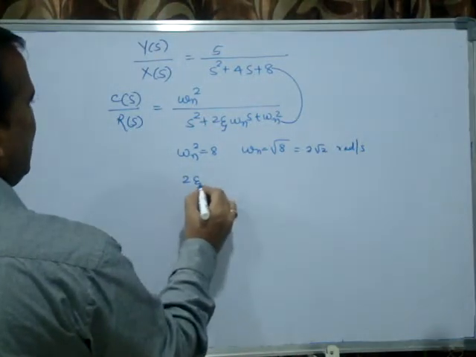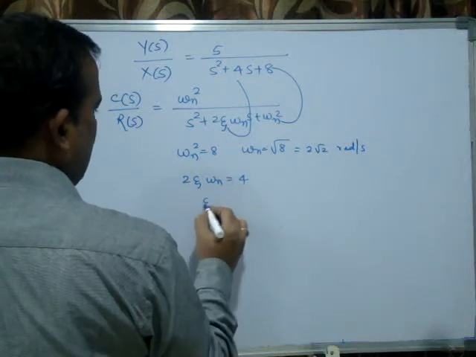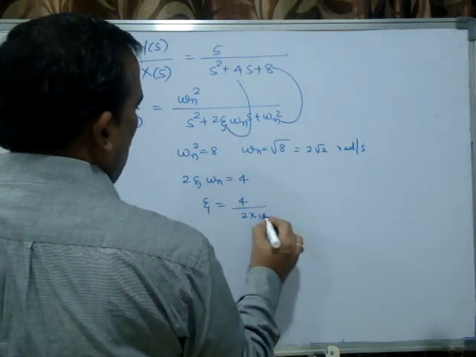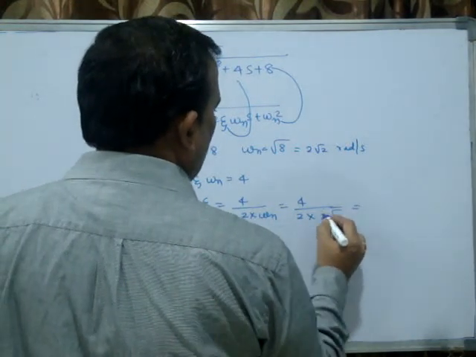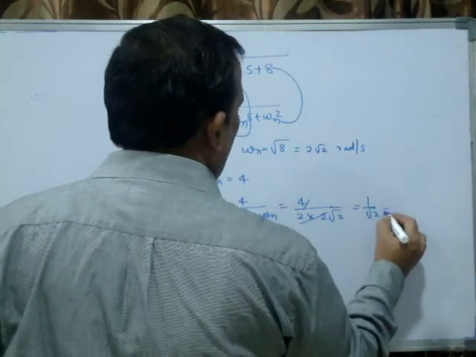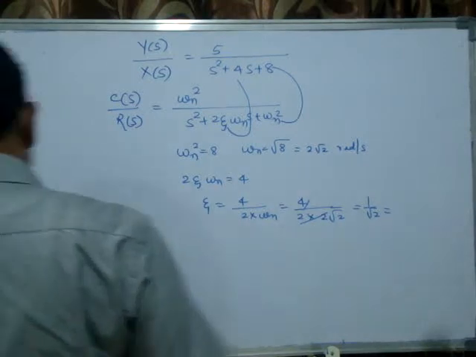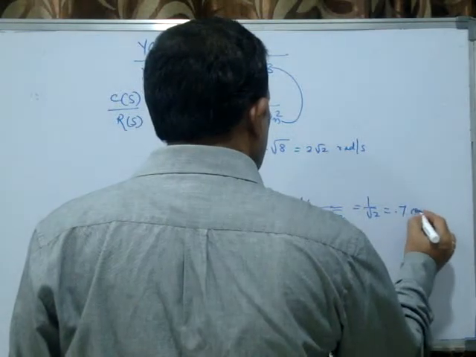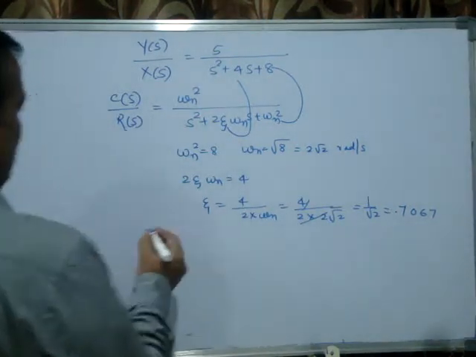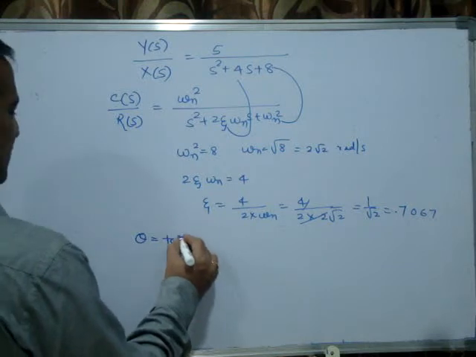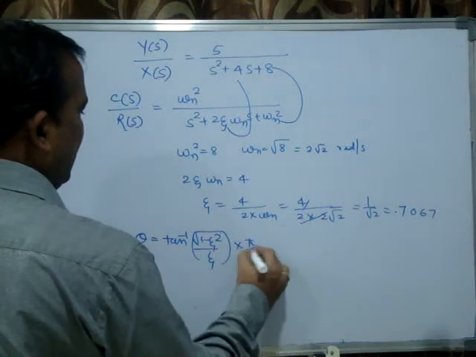And 2 zeta, compare the s coefficient: 2 zeta omega n is equal to 4. Zeta is equal to 4 divided by 2 omega n, that is 4 divided by 2 into 2 root of 2, which is 1 by root 2. That is, zeta is equal to 0.7067. Now I am supposed to find theta. Theta equal to tan inverse of root of 1 minus zeta square divided by zeta, into pi by 180.